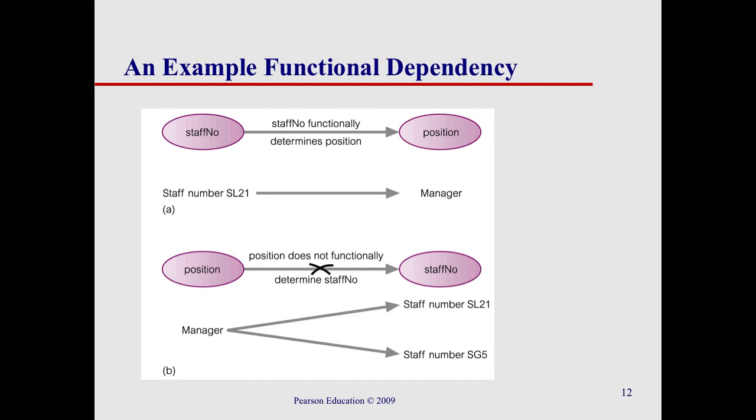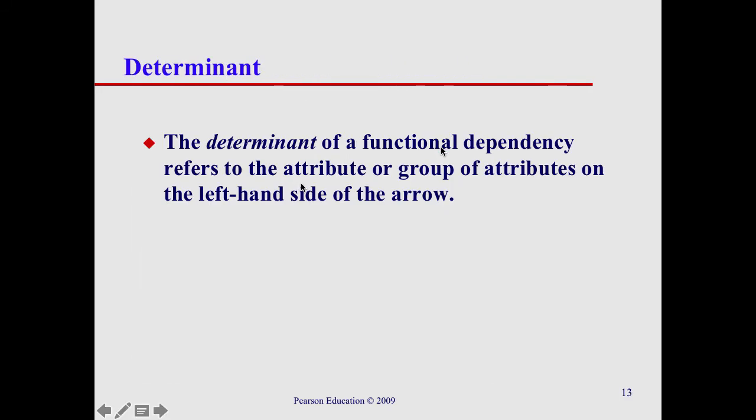So if you have a situation like this where the position does not determine the staff number, because you can have multiple staff associated with a position, but the staff number does effectively determine the position. You can have only one position. So for whatever reason, they call the left-hand side the determinant.